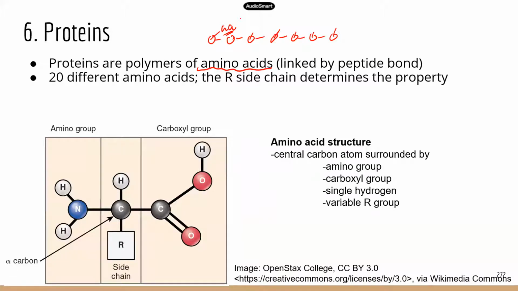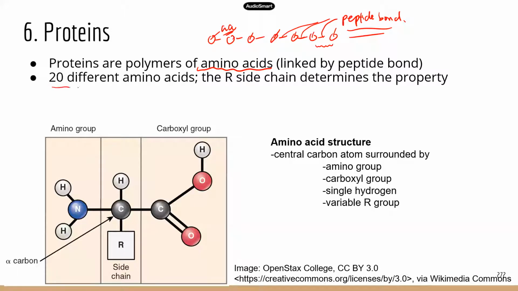Now, these amino acids are linked by peptide bonds. So the bonds over here are peptide bonds. There you go. That's the bond that links all the amino acids together to form a chain, a polypeptide chain.